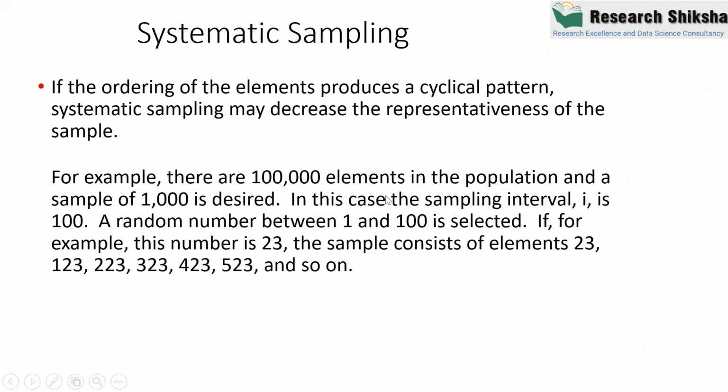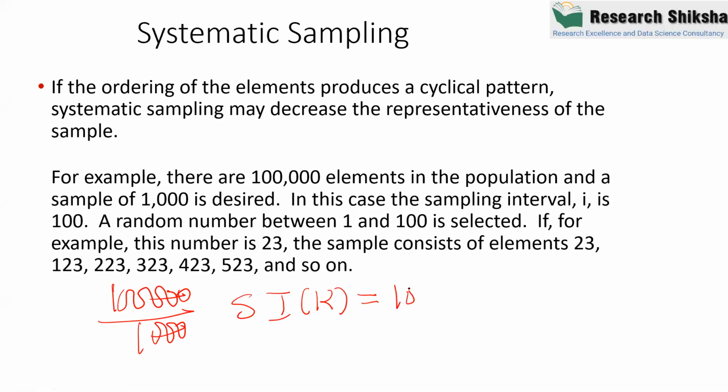How does the sampling interval come? It comes after dividing the 1 lakh by 1000. So this is called the sampling interval. I divide by 1000 and I get 100. So the sampling interval, which is noted by K most of the time, is 100.